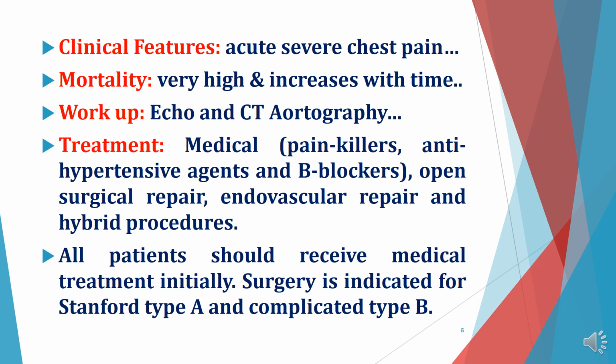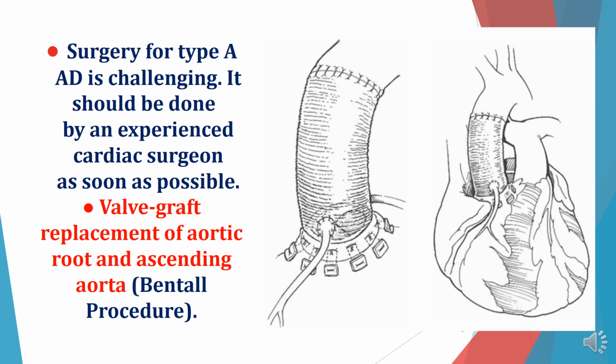Surgery is indicated for Stanford type A and complicated type B. Surgery for type A aortic dissection is challenging. It should be done by an experienced cardiac surgeon as soon as possible.